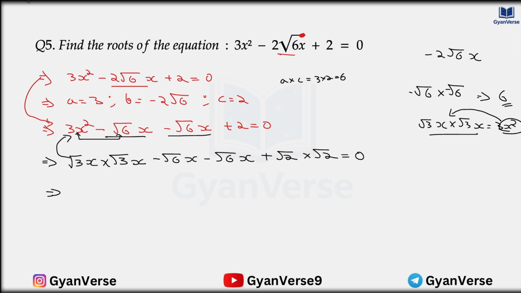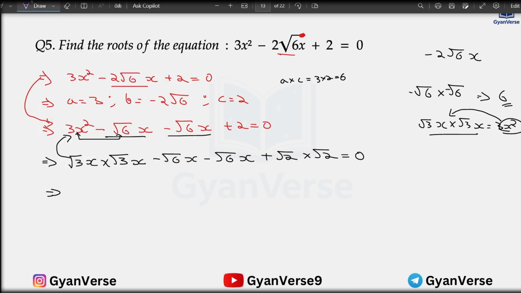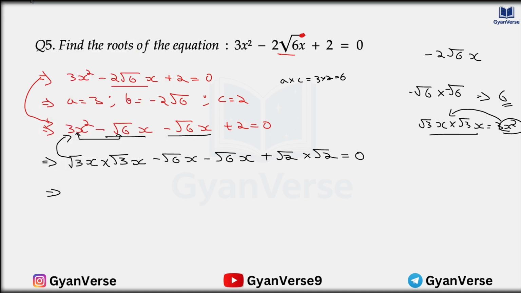Now, this root 3x into root 3x will be considered as a single term, and minus 6x will be considered as a single term. From these two terms, I can take root 3x common.